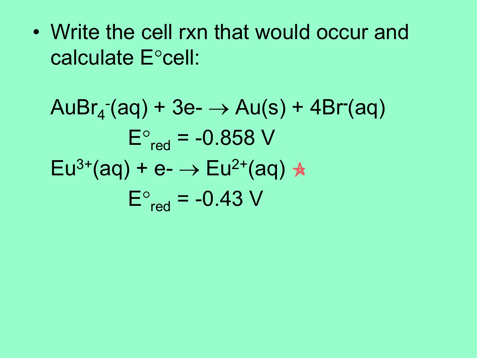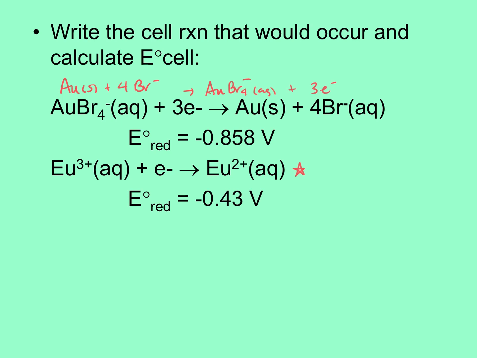I'm going to put a star next to it, which means the first reaction is the one that's going to occur as an oxidation. So I'm going to flip that first equation around: Au solid plus 4Br negative will yield AuBr4 negative aqueous plus 3 electrons.